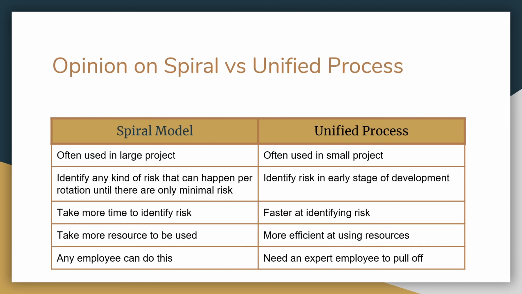Spiral model also takes more time, while unified process is also faster at identifying risks. Spiral model takes more resources to be used, while unified process is more efficient because they are reusing the resources. And last but not least, in spiral model, any employee can do their job, while in unified process, they need each expert on their own division.